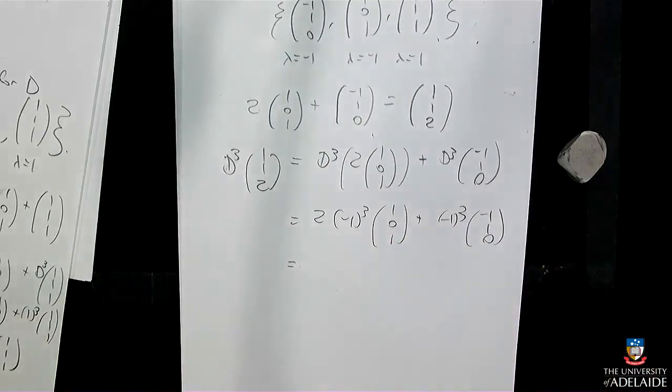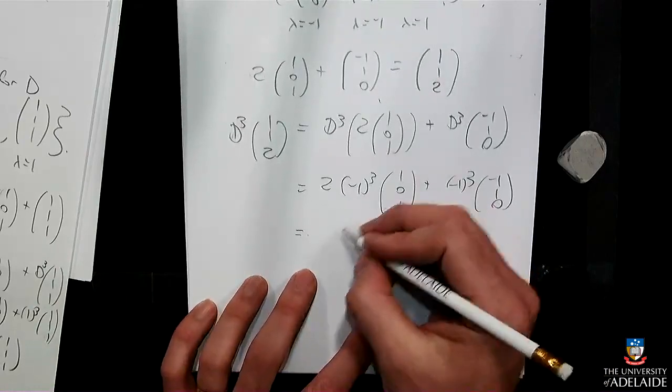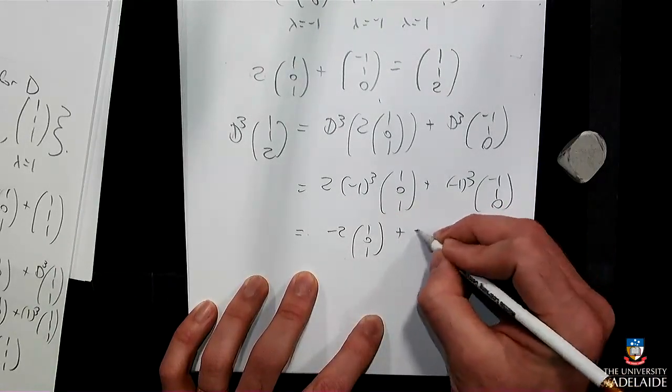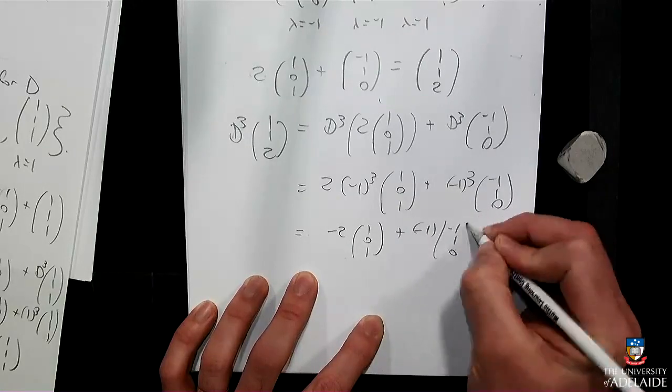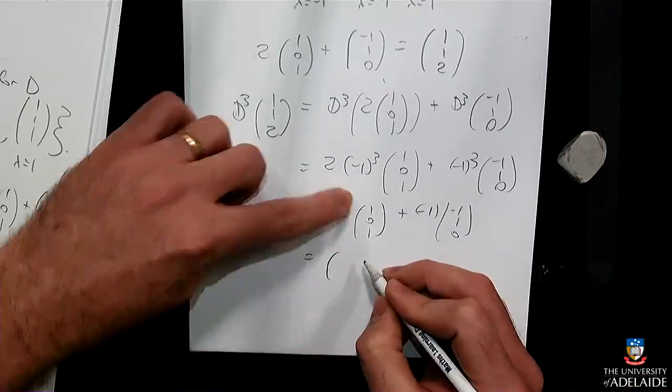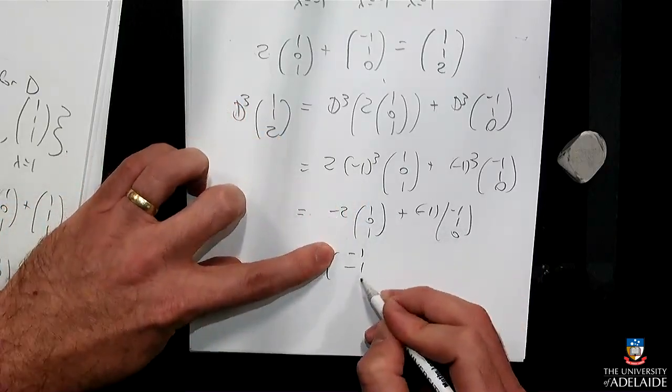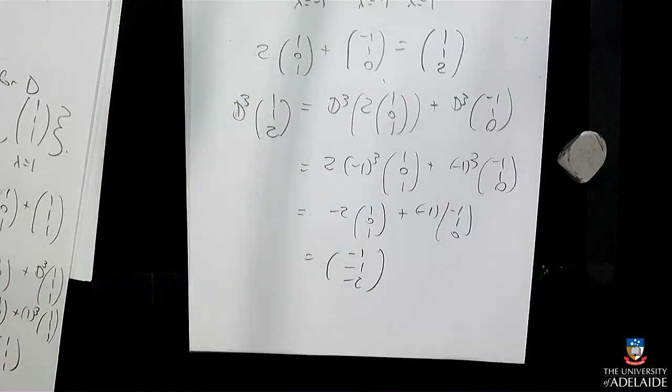Do you know what this is going to be? Oh, this is so cool. We didn't need to do any of this. That's so cool. And watch what's going to happen. So this is minus 2 times 1, 0, 1 plus minus 1 times minus 1, 1, 0, which is minus 2 plus 1, which is negative 1, negative 1, negative 2, which is minus what we had before.